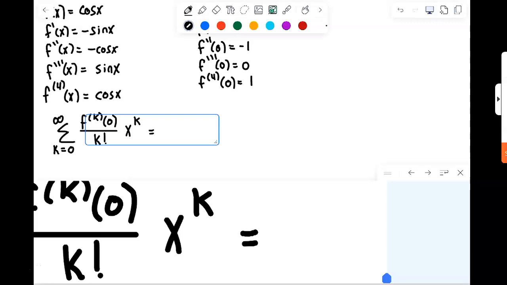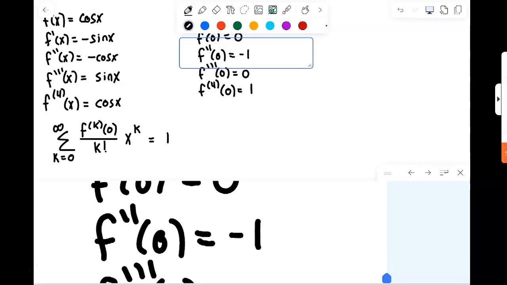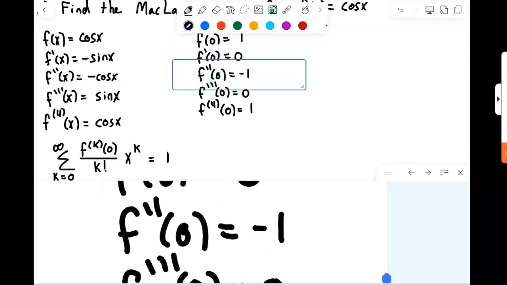Of course, the first term, the 0 power, would just be 1. We skip the first degree power because that has a 0 coefficient. So all the odd powers are going to have 0 coefficients.